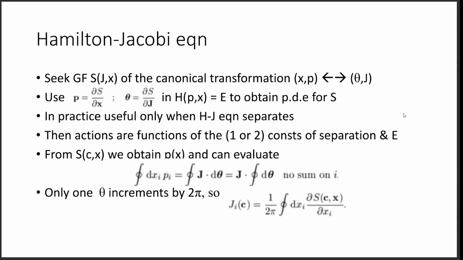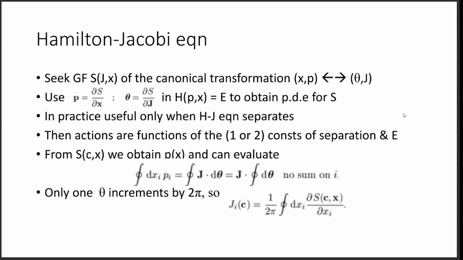So if we replace P with dS by dx, then this becomes a partial differential equation for the generating function S. Now, unfortunately, unlike the Schrödinger equation from which it derives, this is not a linear equation, because H is typically going to be p squared over 2m, and so we're going to have dS by dx squared over 2m appearing in it rather than what we would like, a linear thing.